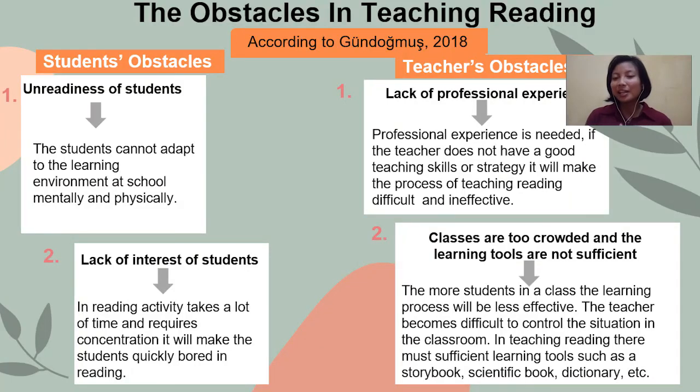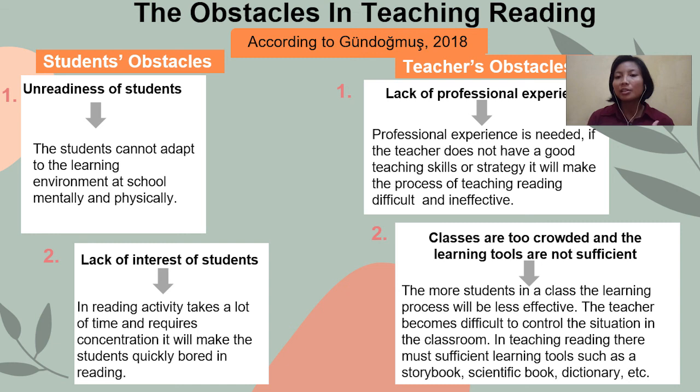And the next material is about the obstacles of teaching reading. According to Gundogmus 2018, there are several obstacles that might be faced by the students and teacher in the process of learning and teaching reading. The first one is students' obstacle, such as unreadiness of the students. This can happen because some of the students cannot adapt to the learning environment at school mentally and physically.